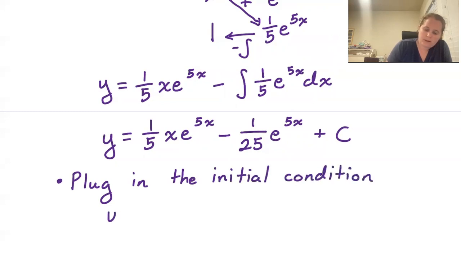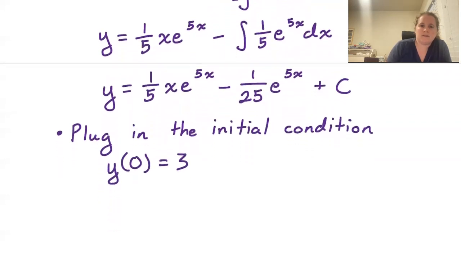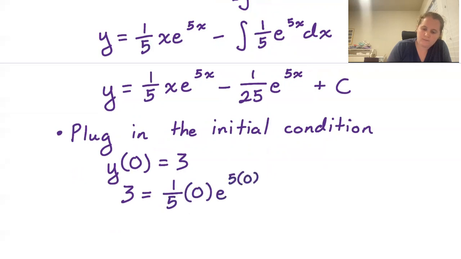So we know that y of 0 is equal to 3. So this tells us that 3 should be equal to 1/5 times 0 times e to the 5 times 0 minus 1/25 times e to the 5 times 0 plus c.